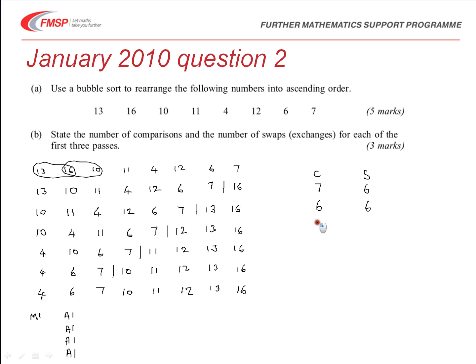Finally, on the third run through, there will be 5 comparisons, and if we look at them, there was no swap on the first. There was a swap on the second, that's 1, no swap on the third, and then there were 2 more swaps. So in total there were 3 swaps on that third one.